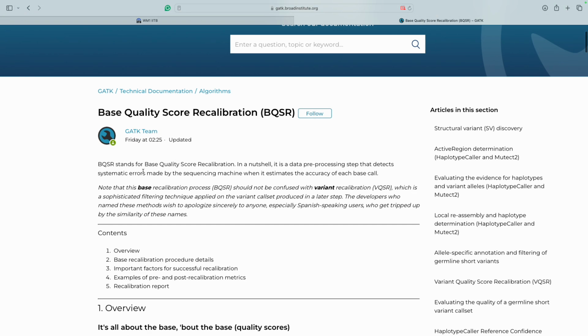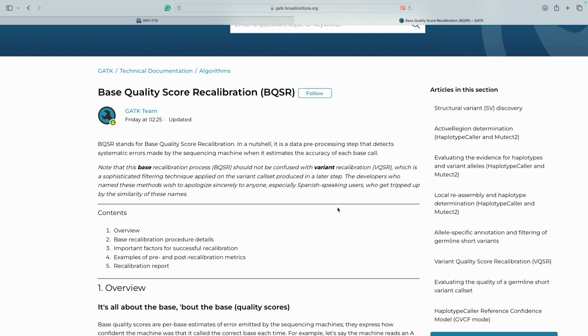So BQSR stands for Base Quality Score Recalibration. It is a data processing step that detects systematic error made by the sequencing machine when it estimates the accuracy of each base call. We gave the quality score for each base when we were pre-processing our raw reads.